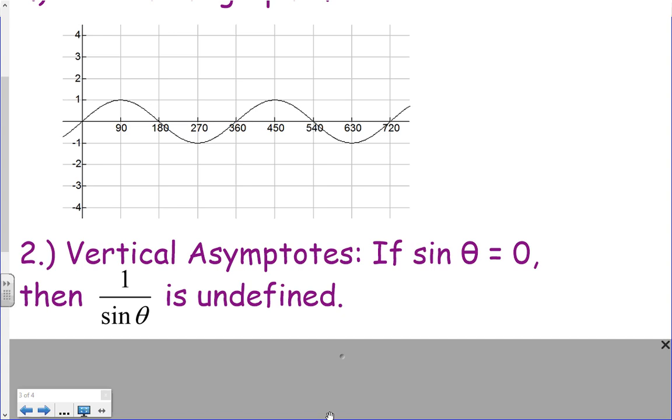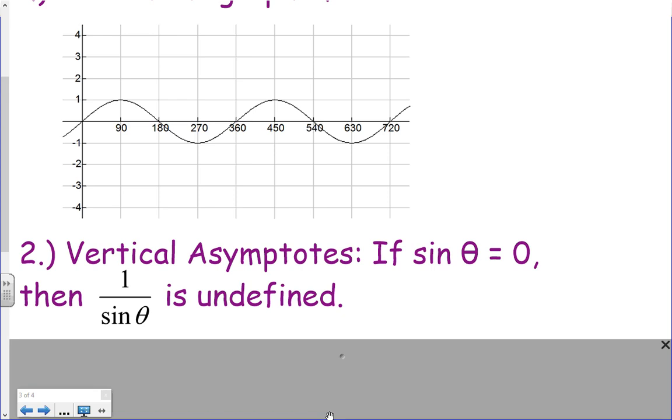Well, let's go through the steps that you should think about as you are trying to sketch this thing. The first thing to consider is the vertical asymptotes. Since we're sketching 1 divided by the sine of theta, that means anywhere that the sine of theta is 0, we're going to be undefined. We'll be dividing by 0.